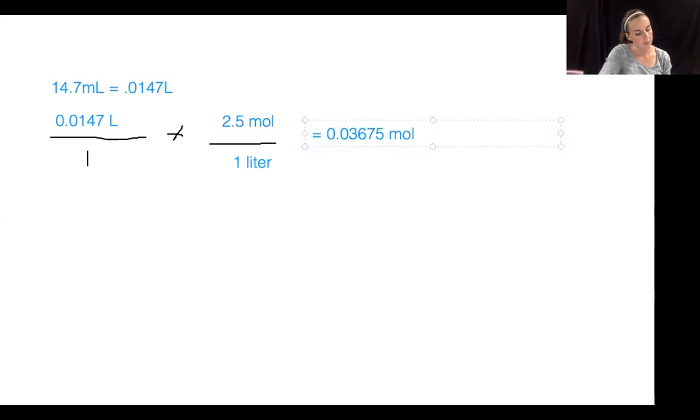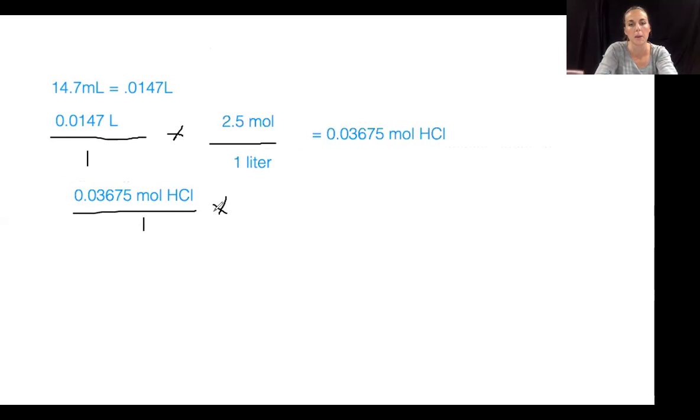All right. Now we're going to go from moles to moles. So we're going to go from the moles of our acid. This was HCl. And we're going to go to moles of our base. So this is my starting value now. And that's moles of HCl. And I'm going to moles of my base. So I'm going to have to look at the coefficients in my chemical equation.